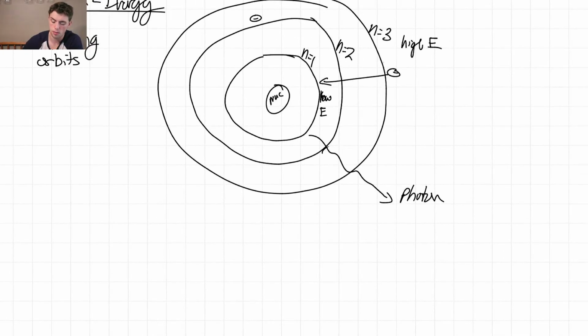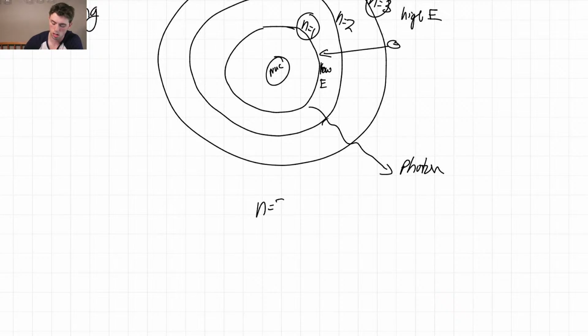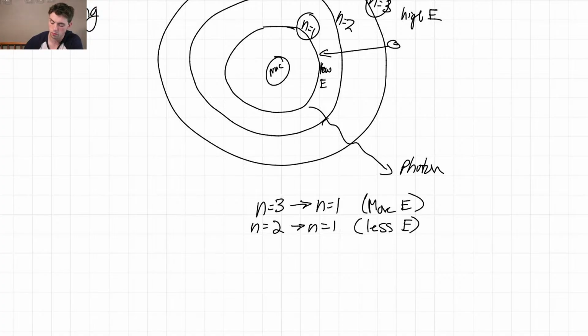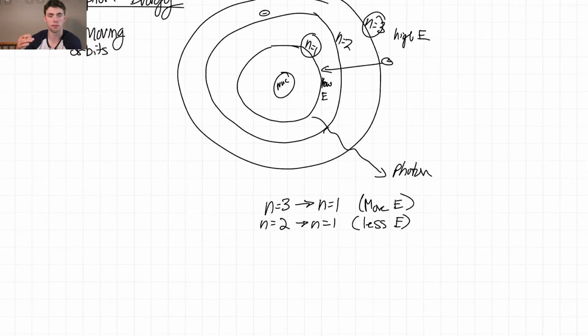Now, compare n equals 3 to n equals 1 versus n equals 2 to n equals 1. This is more energy, and this is less energy, because there's just a bigger difference.